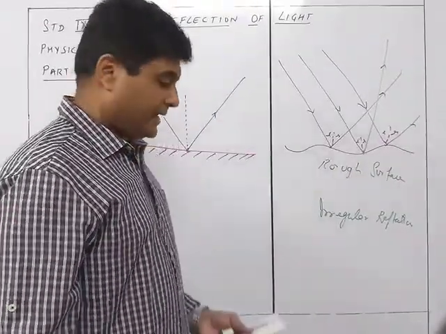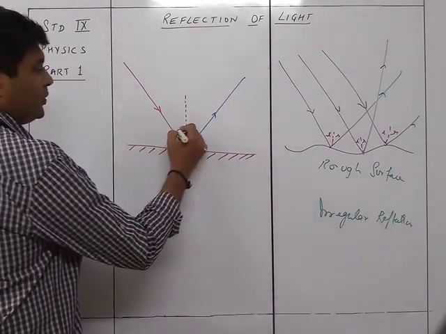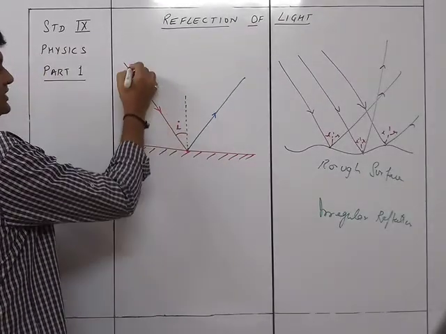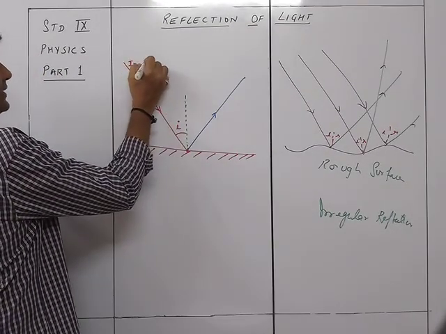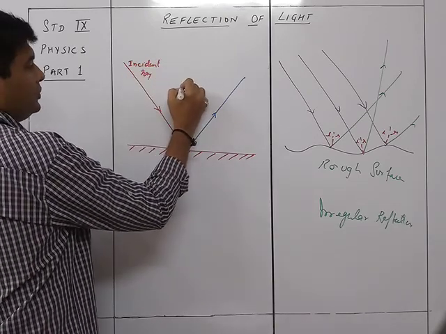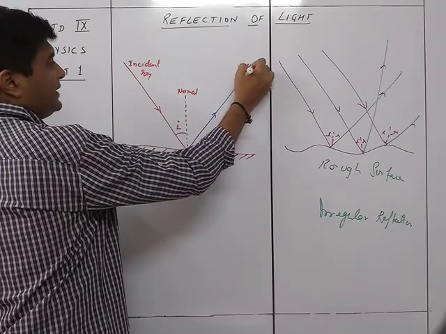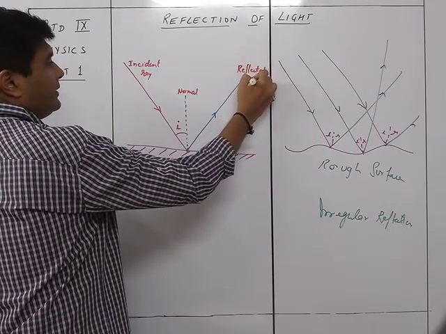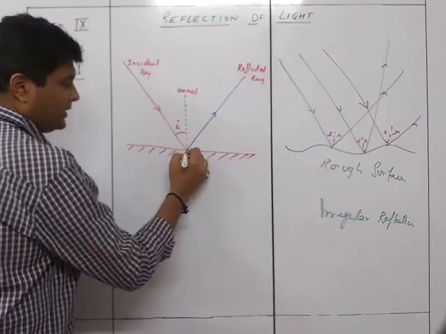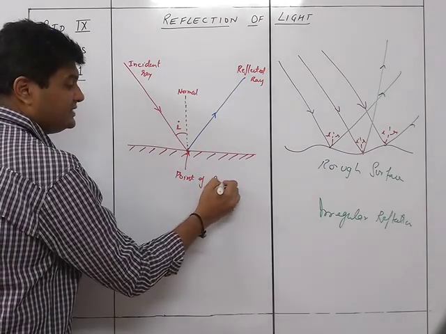The next one is the fifth one, which is the angle of incidence. So this is the incident ray, this is the normal, this is the reflected ray, and this over here is the point of incidence.